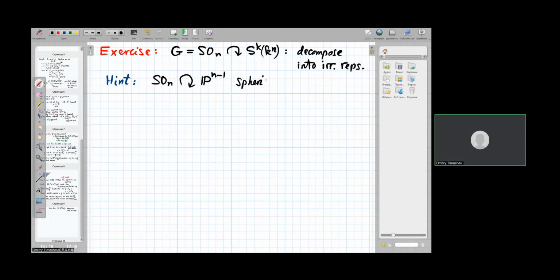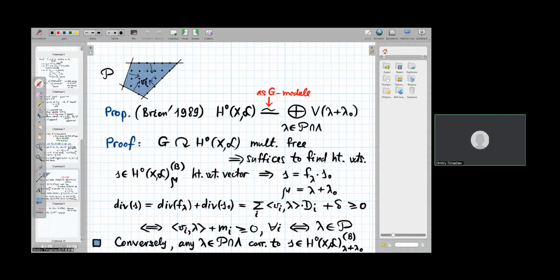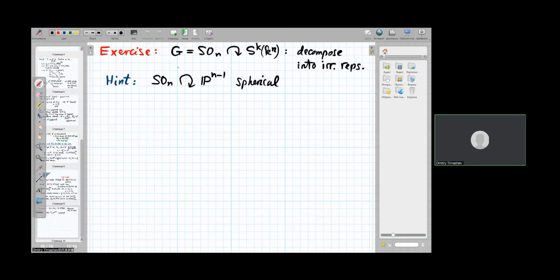Prove that this action is spherical, and apply the previous proposition. So this k-th symmetric power can be viewed as the space of sections of a line bundle on the projective space. And you can use this proposition to decompose this space of sections into irreducibles. This is a hint for solving this exercise.